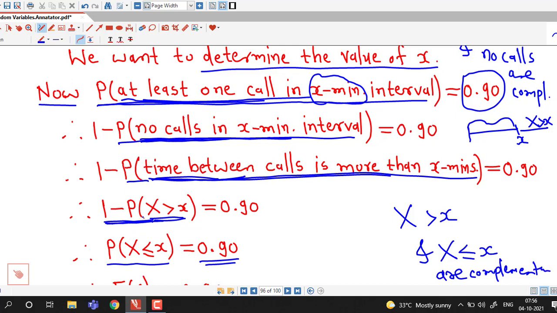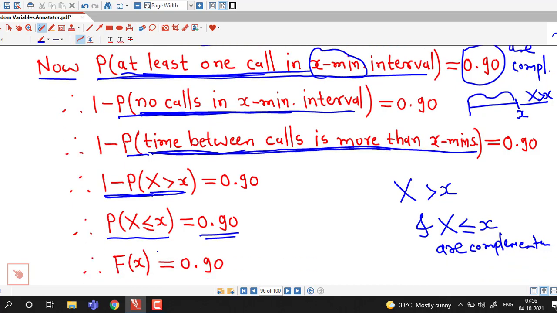Therefore 1 minus the probability that capital X is greater than small x equals the probability that capital X is less than or equal to x, and this is nothing but the value of the CDF at point x, which is given as 1 minus e raised to minus x by 15 if x is non-negative.